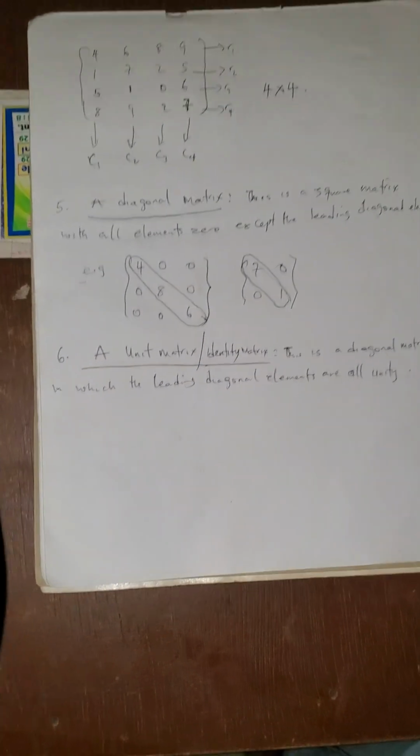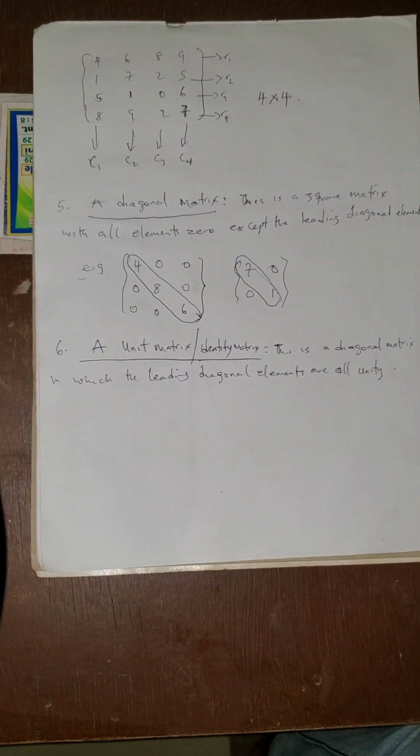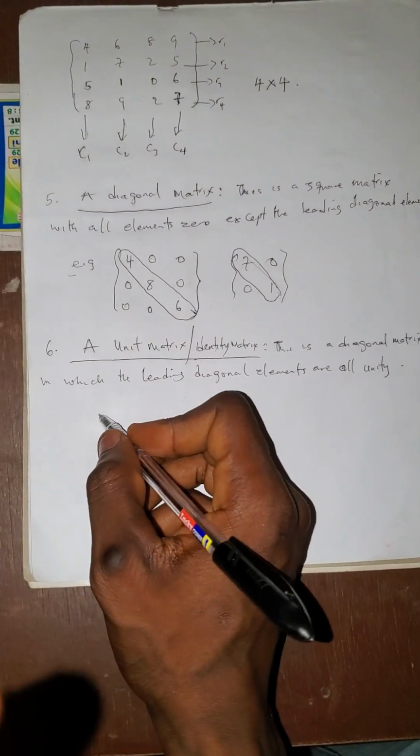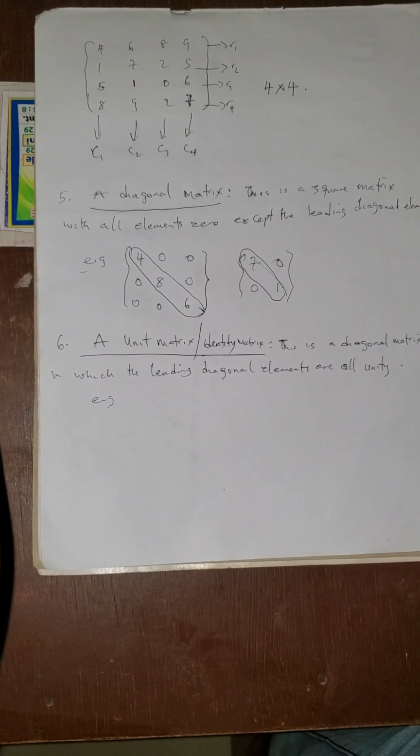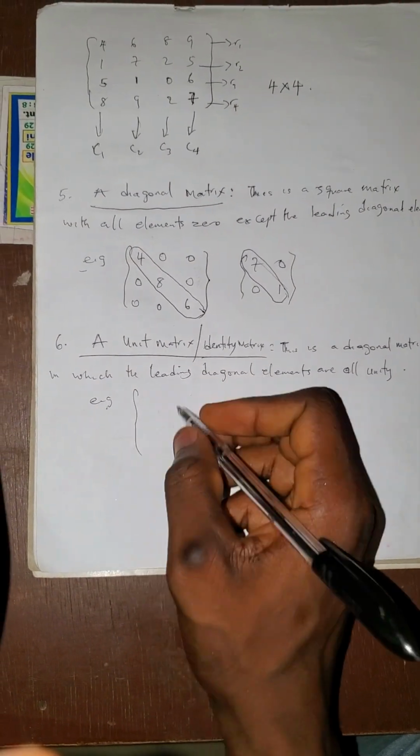They are all unity. Example. The identity matrix is like this.